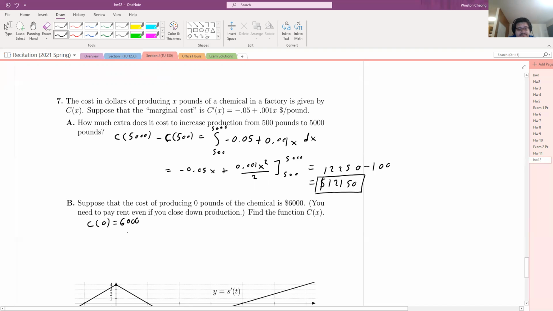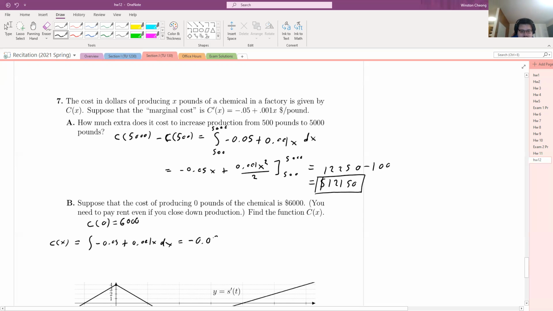And so we are going to perform an integral on the C prime function, but what we do is an indefinite integral. Instead of these definite integrals with limits, we have an indefinite integral of 0.05 plus 0.001x dx. So this is going to give us C of x. And then we would have a constant that we evaluate.